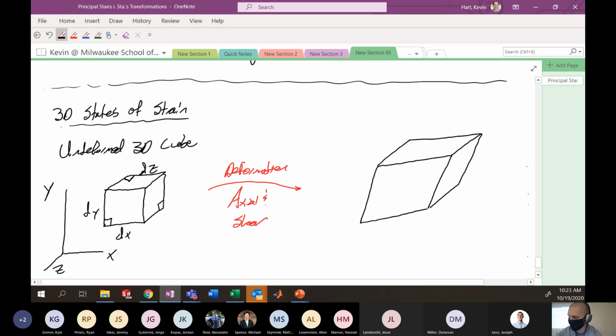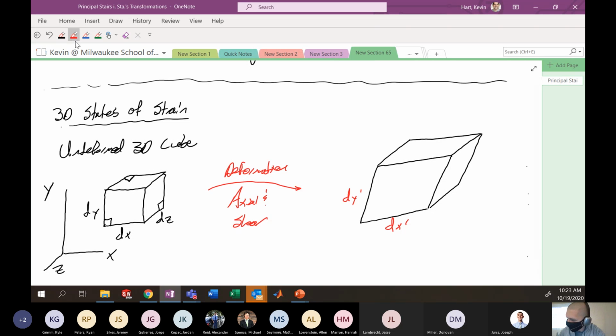So let's sort of define these new deformed dimensions on this new cube. So we might call this new length here dy prime. We might call this length here dx prime. And on the top surface, oh, sorry. Yeah, this is dz.